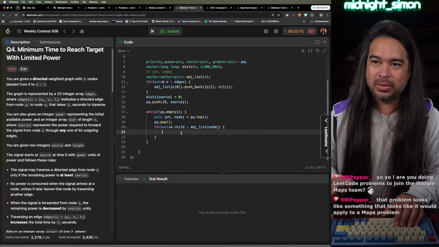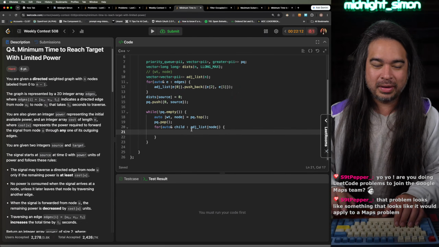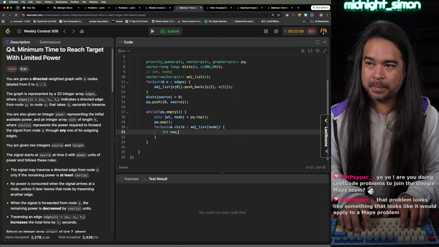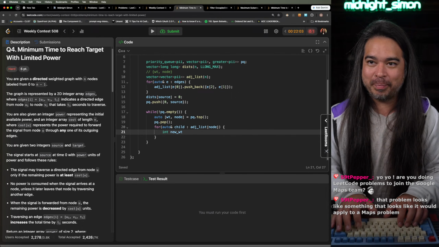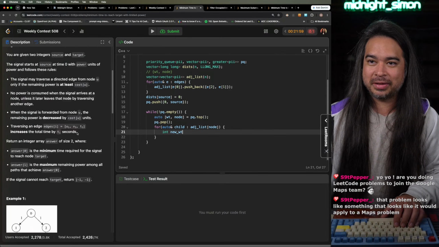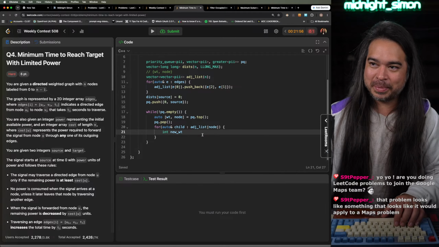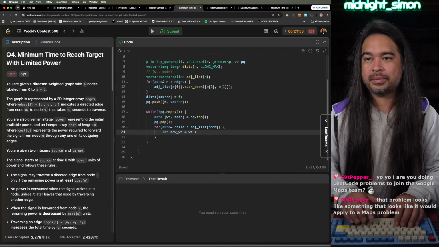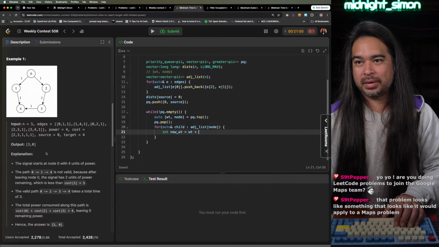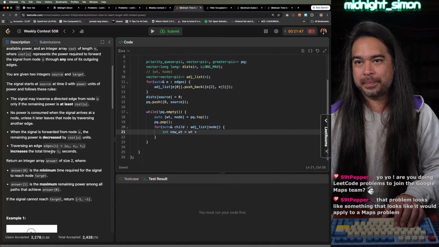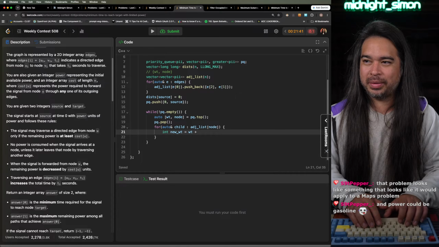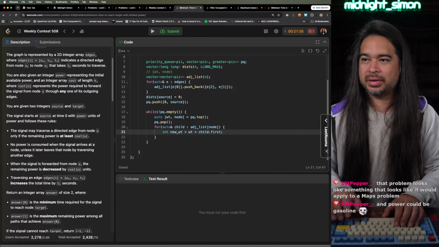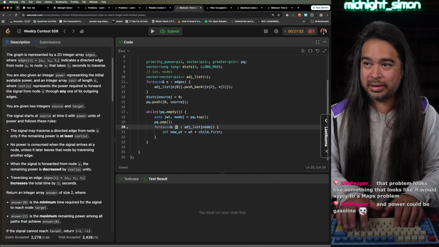I guess we gotta take the new weights. Oh wait, I can go like this.